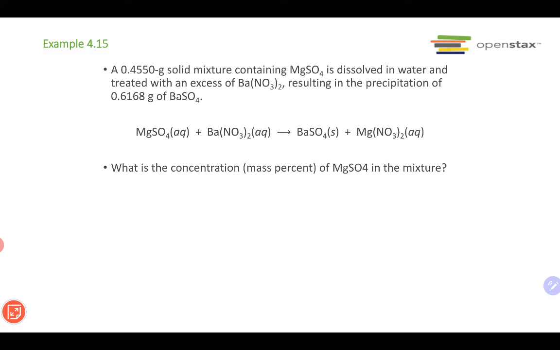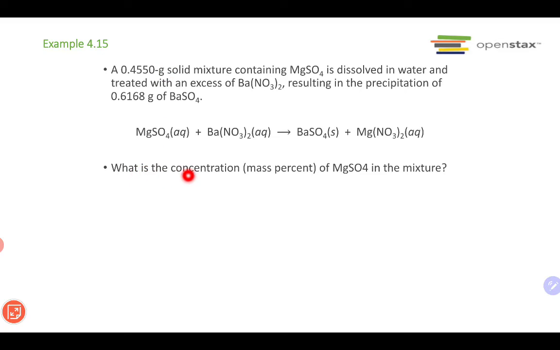Okay, so here's an example of a gravimetric analysis problem. If I start out with an unknown mixture that has a mass of 0.450 grams, and in that mixture there's magnesium sulfate, but there's also other stuff, and it's dissolved in water, and I want to know how much of this 0.450 grams is actually magnesium sulfate.